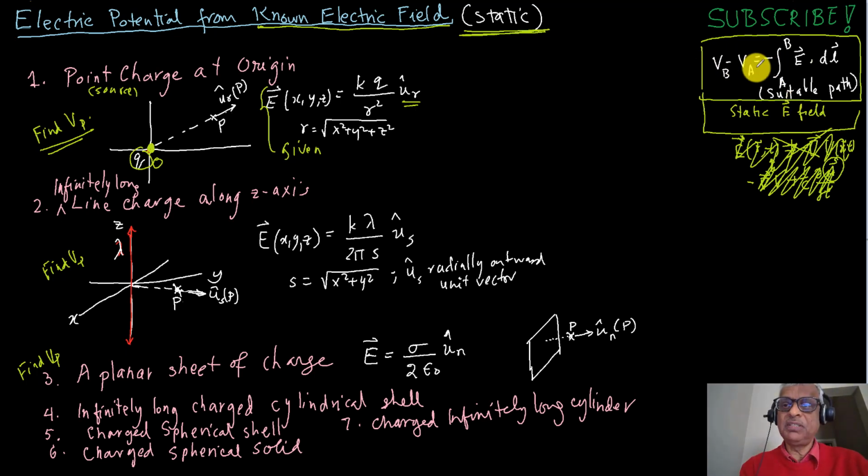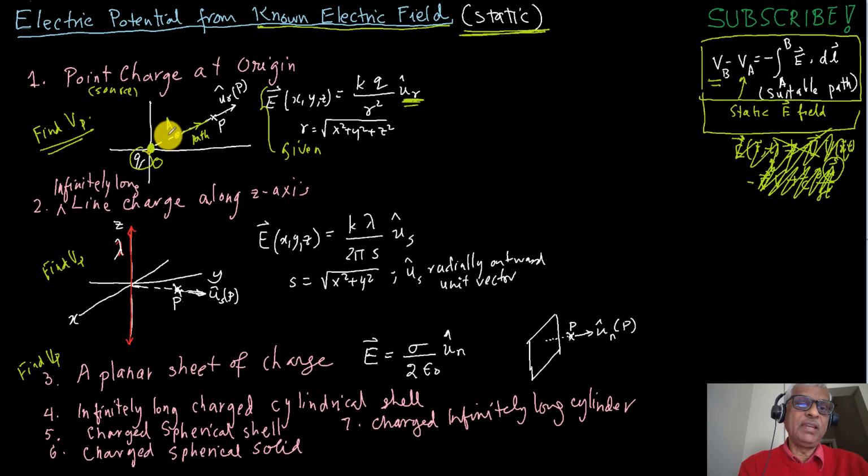we just have to do this integral. We're not going to get a V at P by itself, we're going to get V of P in relation to some other point. Let's pick a point A, which is in the same direction, so going from A to P is the path.